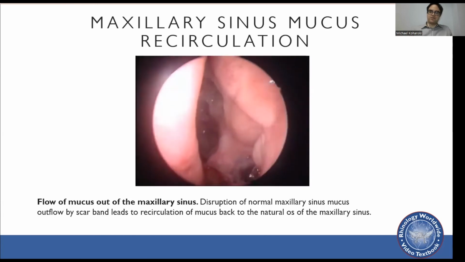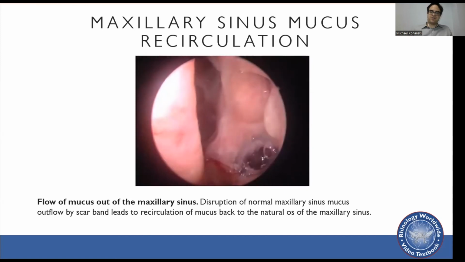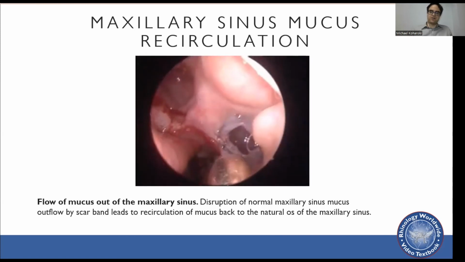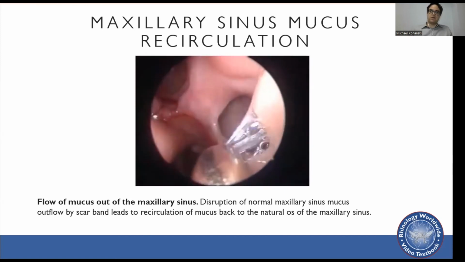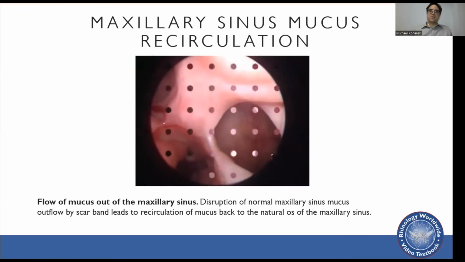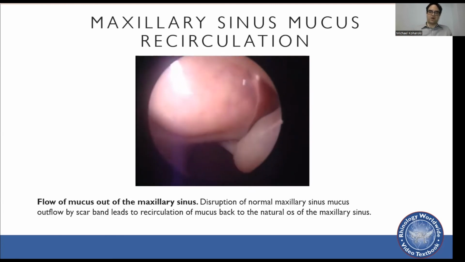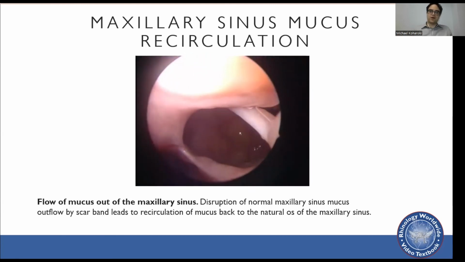And as the mucus flows up toward that natural os and then comes out of the sinus, instead of flowing toward the nasopharynx, it's going to come down around that scar band and travel back into the maxillary sinus, which will then carry it back up to the natural os, causing this looping of the mucus to occur.